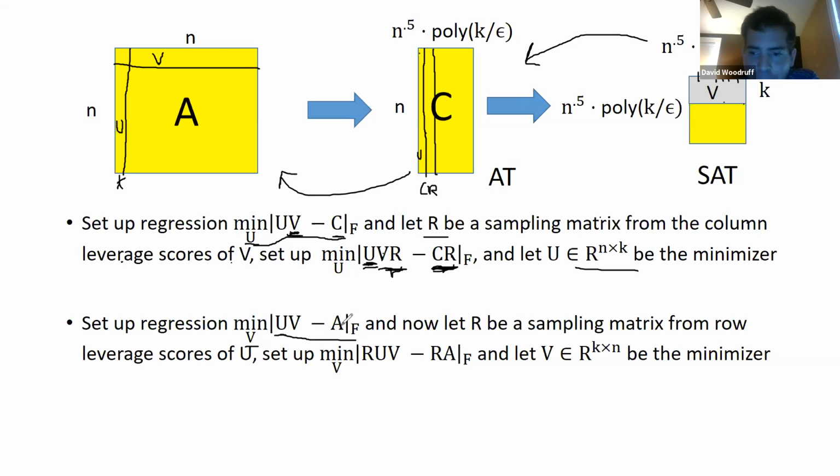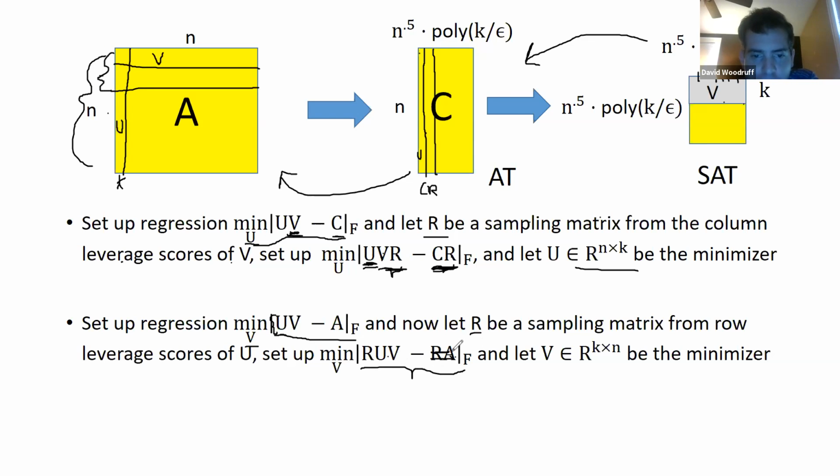We can't write down this regression problem, but we can sample according to the row leverage scores of U. We have to make roughly K over epsilon samples, and we set up this sampled problem. But all that requires is accessing K over epsilon rows of A. Again, there are some K over epsilon rows of A that we have to read here.